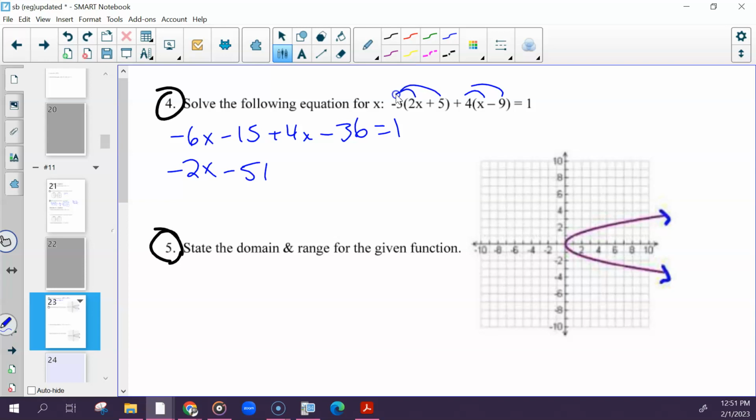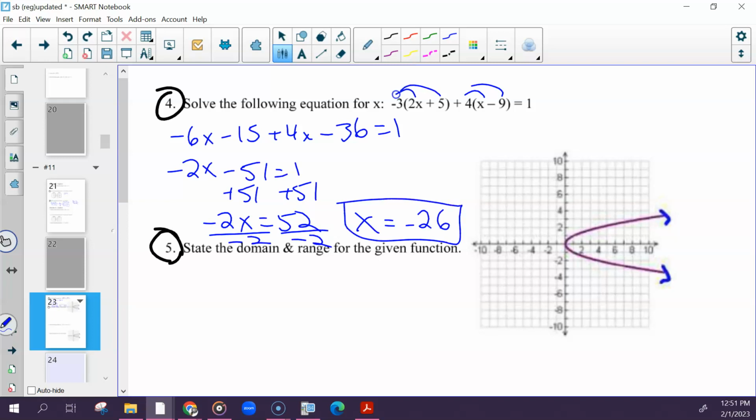Should be 51. Double check that. Then get x by itself, add 51 to both sides, and divide both sides by negative 2. Which I believe is correct. Yes. So negative 26 was the answer to that one. Questions on that?